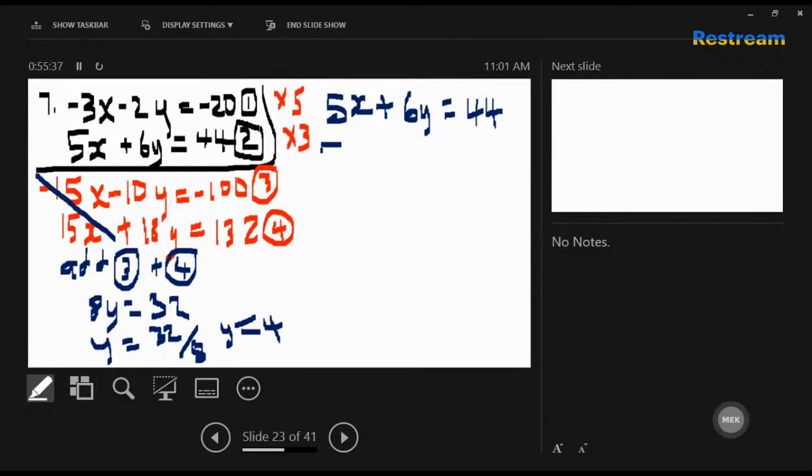So that would mean 5x plus 6 times 4, and 6 fours are 24. So 5x plus 24.